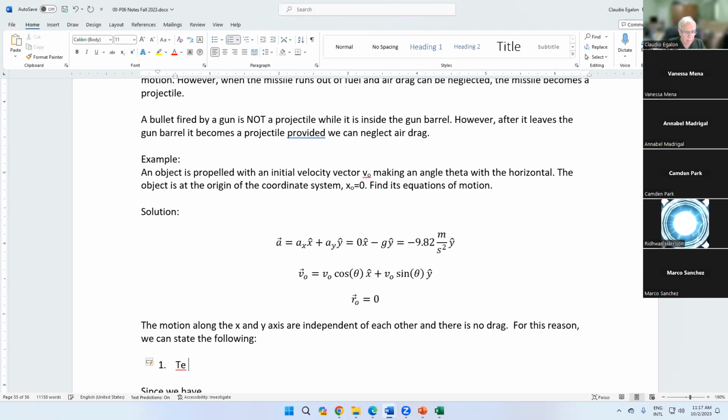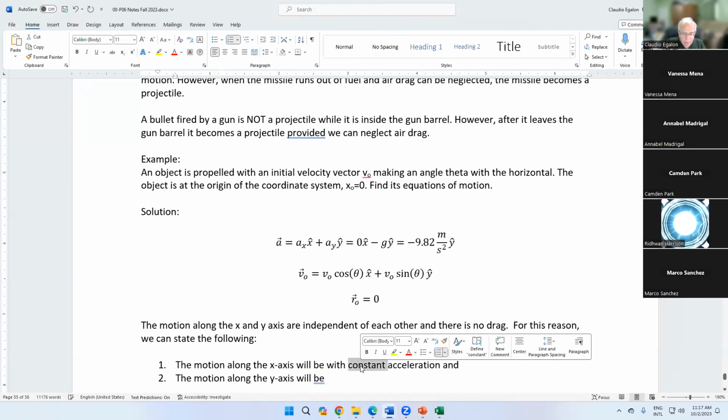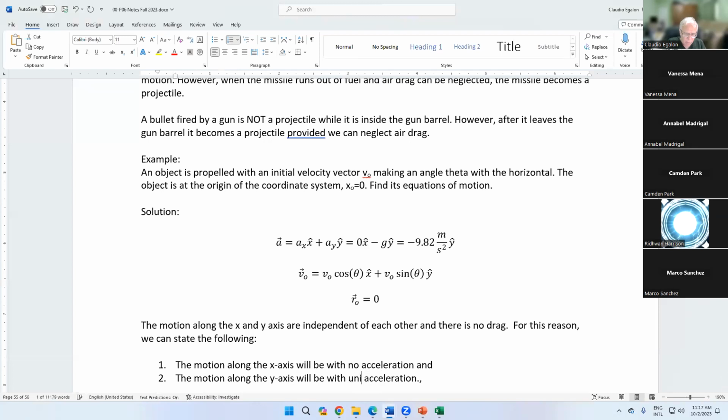One, the motion along the x-axis will be with no acceleration, uniform motion. And two, the motion along the y-axis will be with constant, uniform acceleration.